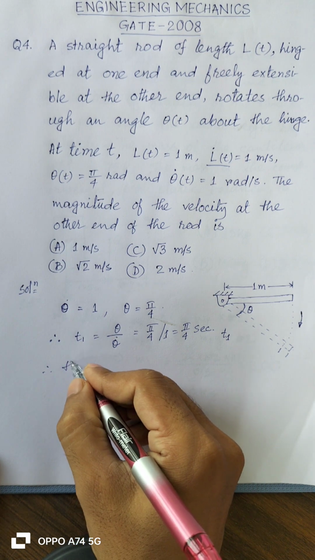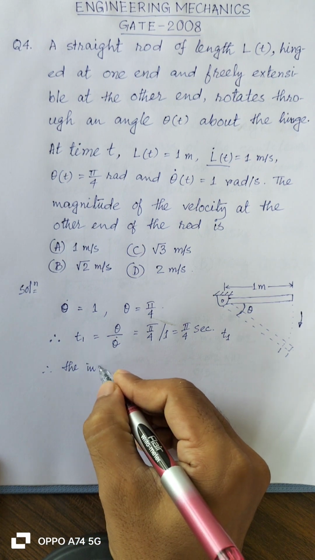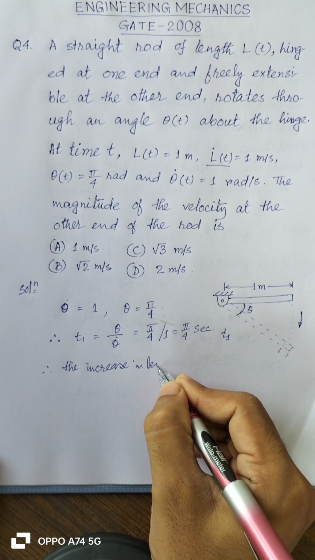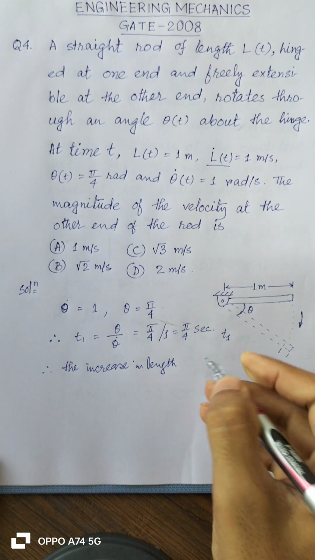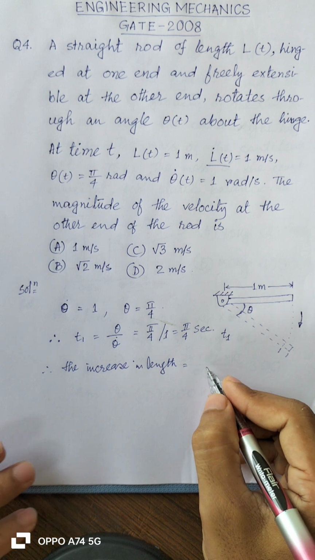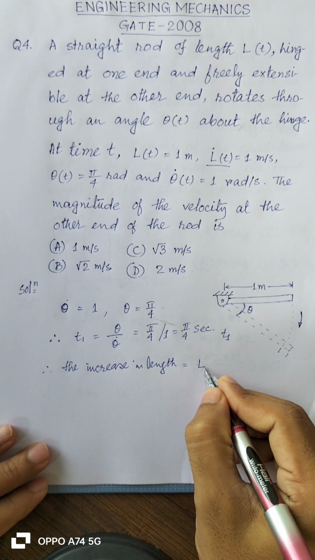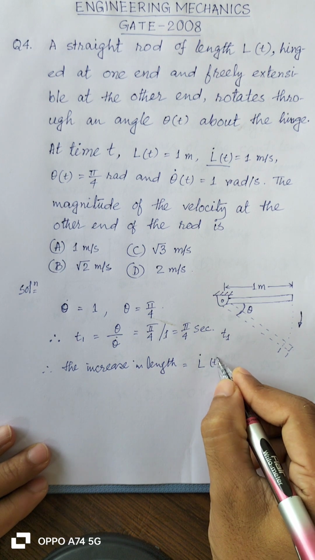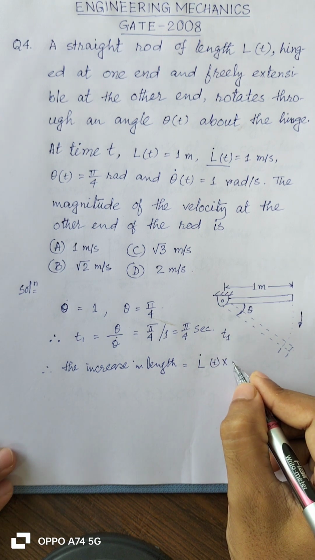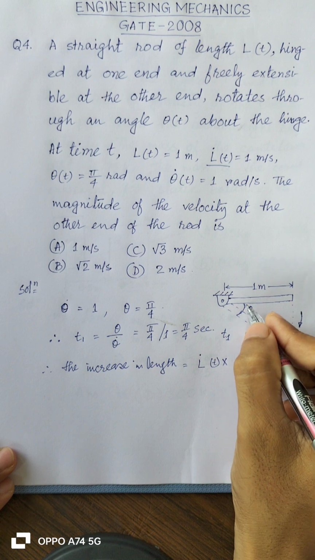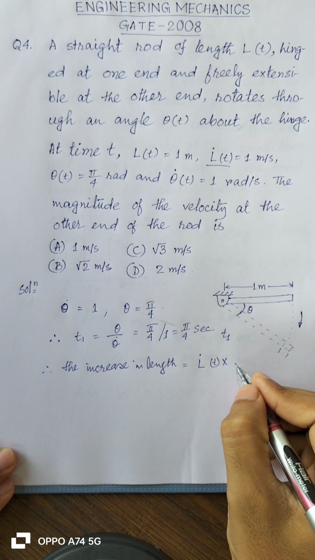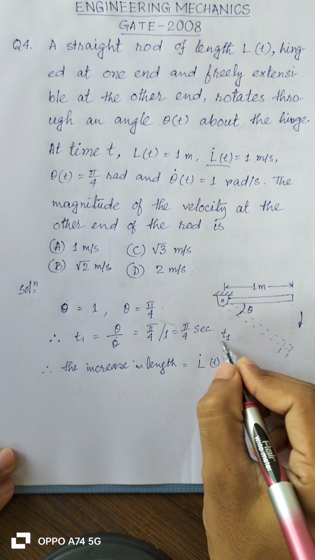Therefore the increase in length will be equal to L dot t into time taken to reach this position, that is t1.